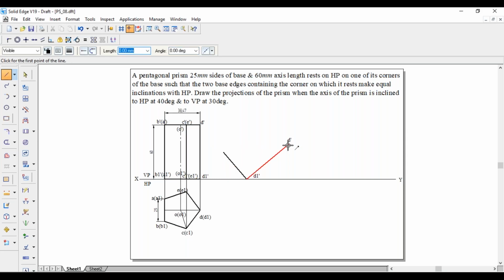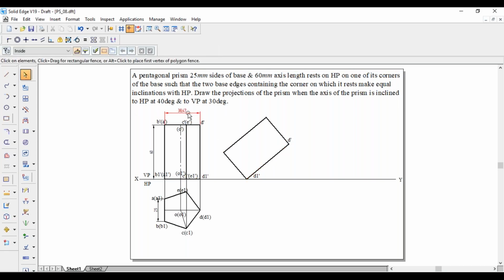Similarly, from d dash, draw a line perpendicular to d dash d1 dash for a length of 38.47 mm. Join this. So this is b dash in the bracket a dash. This one is b1 dash in the bracket a1 dash.